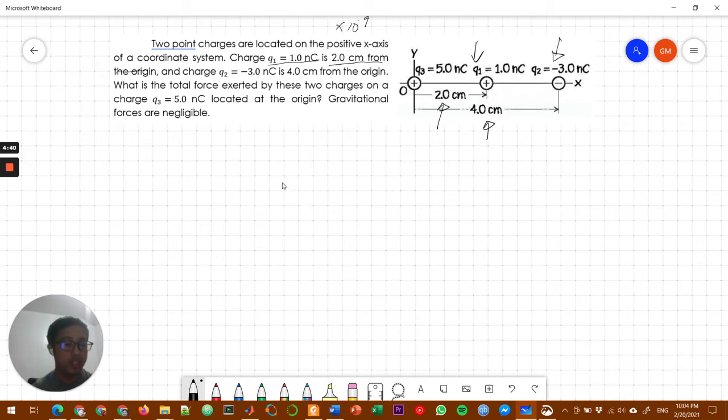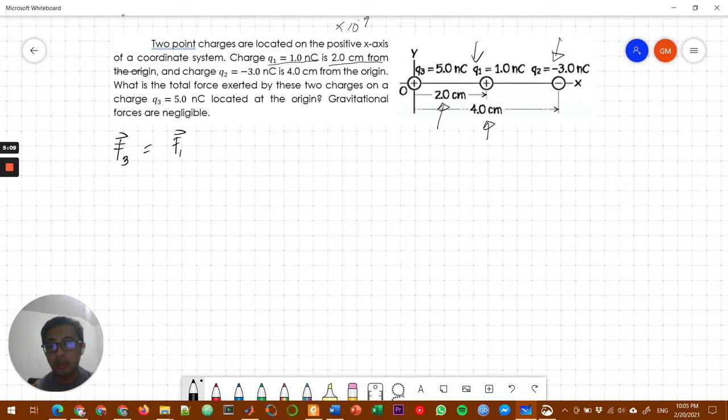So what we are going to do is, of course, we are asked to find the total force exerted by these two charges on charge Q3. So you have F3. So this is a vector. So una arrow na siya diha, that signifies that it's a vector quantity. So we have F, yeah, sorry.